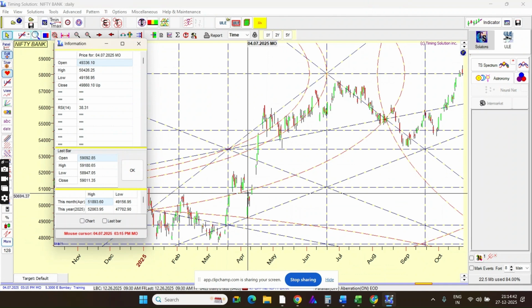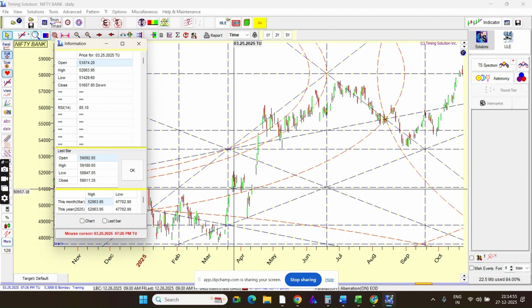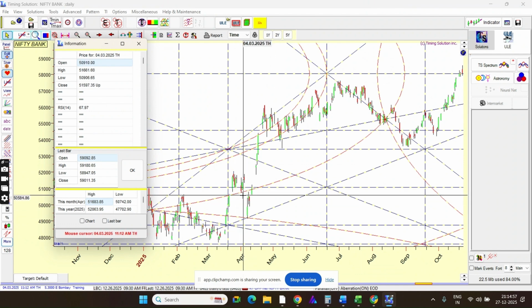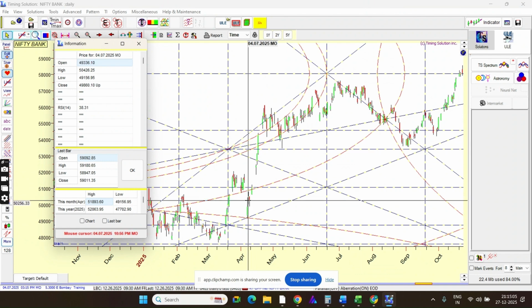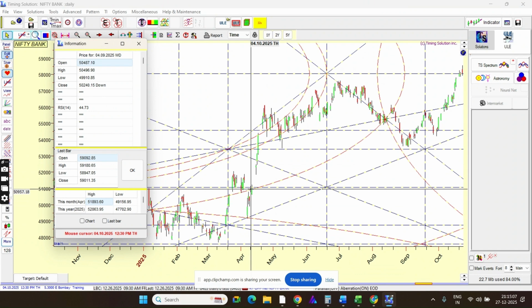In Gann's work, we have the square, the triangle, and the inner circle, middle circle, and outer circle. This is the outer circle, and these are the inner square circles. So we can move from here.